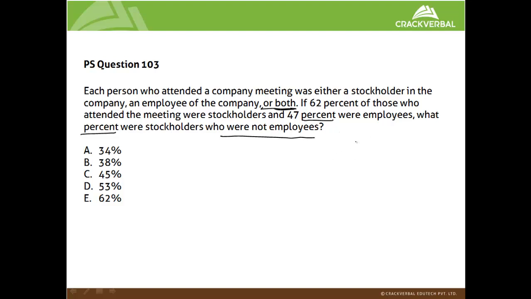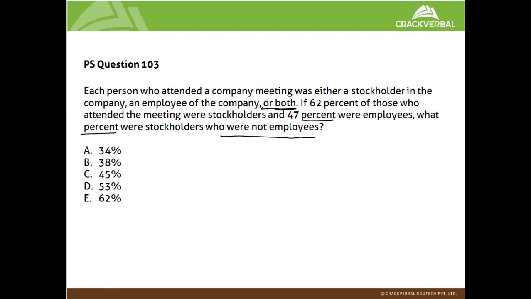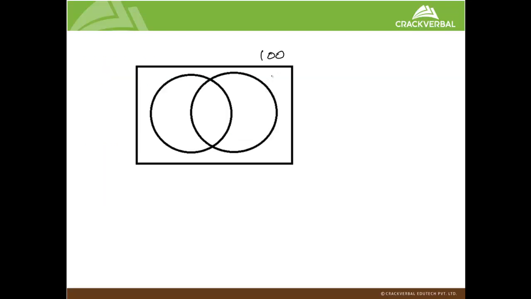So quickly draw the Venn diagram, and since the question involves percentages and asks what percent, it is always better to start with 100 or multiples of 100. Let's call the total number of people who attended the meeting 100, and they say 62% are stockholders and 47% are employees. So let's call this 47, and this is 62.